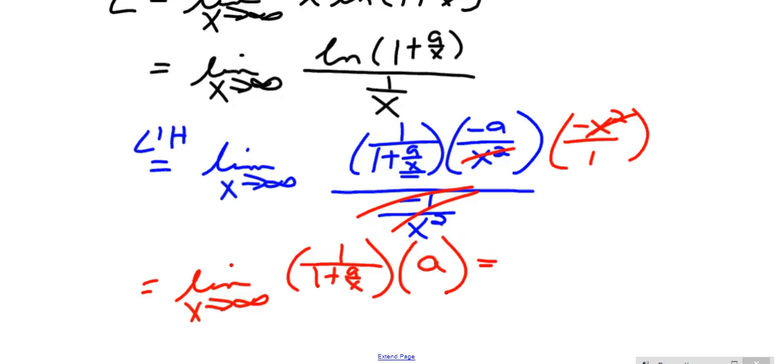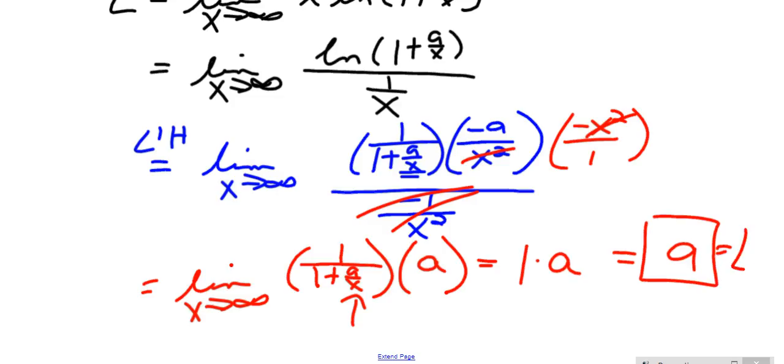So remember when we have an x in the denominator and we're substituting in infinity, that this should be approaching 0. So this first term is now really going to be 1, and a is a constant. So my answer is a for L.